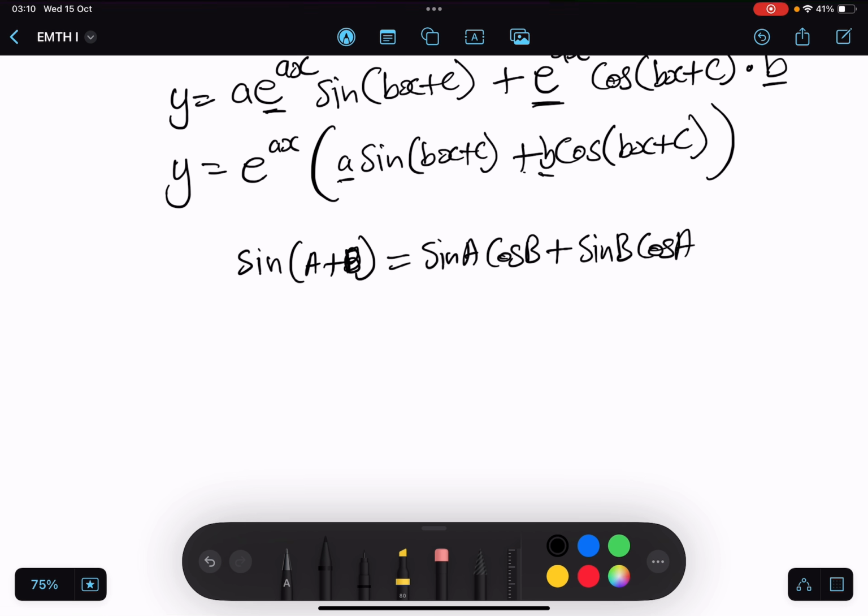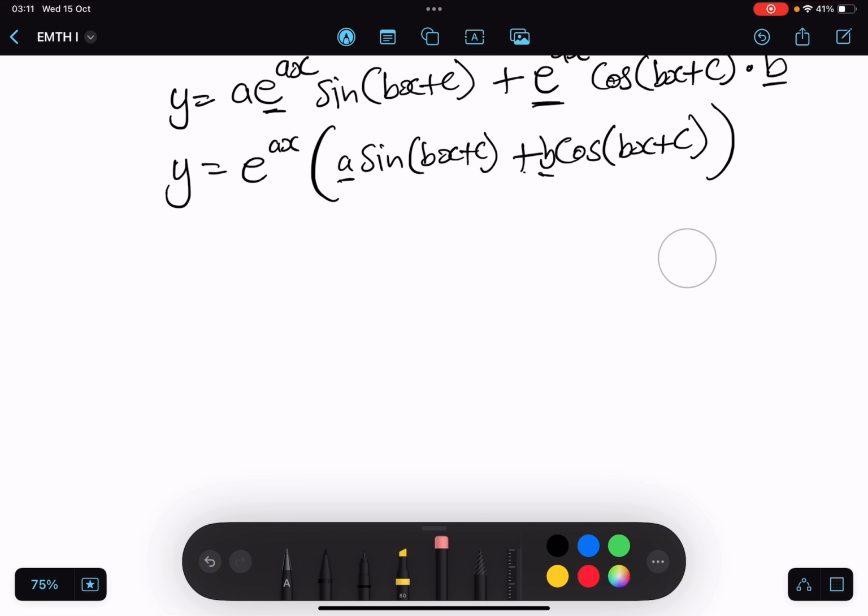So now we want to rewrite this function into this form, using the compound identity of sine.